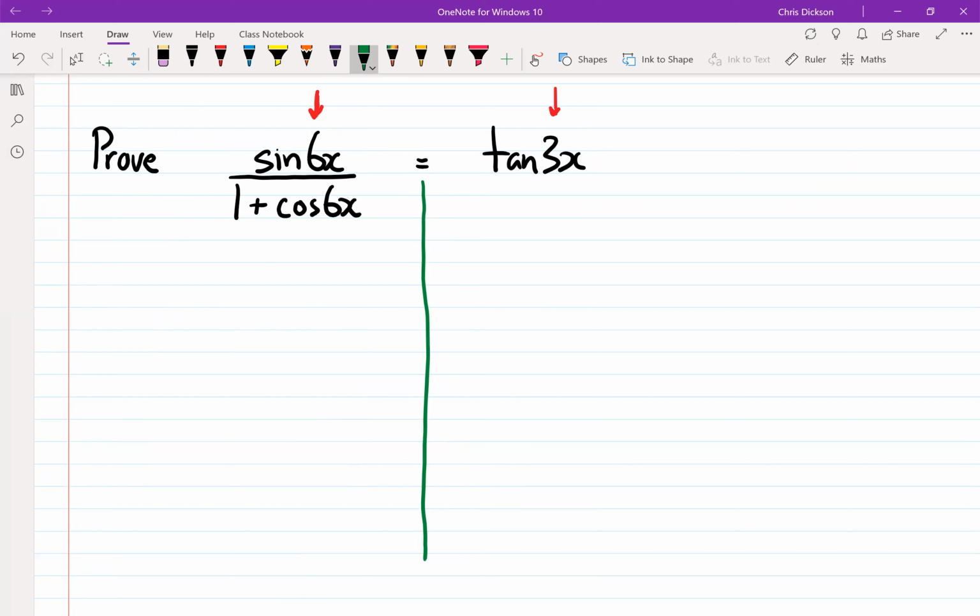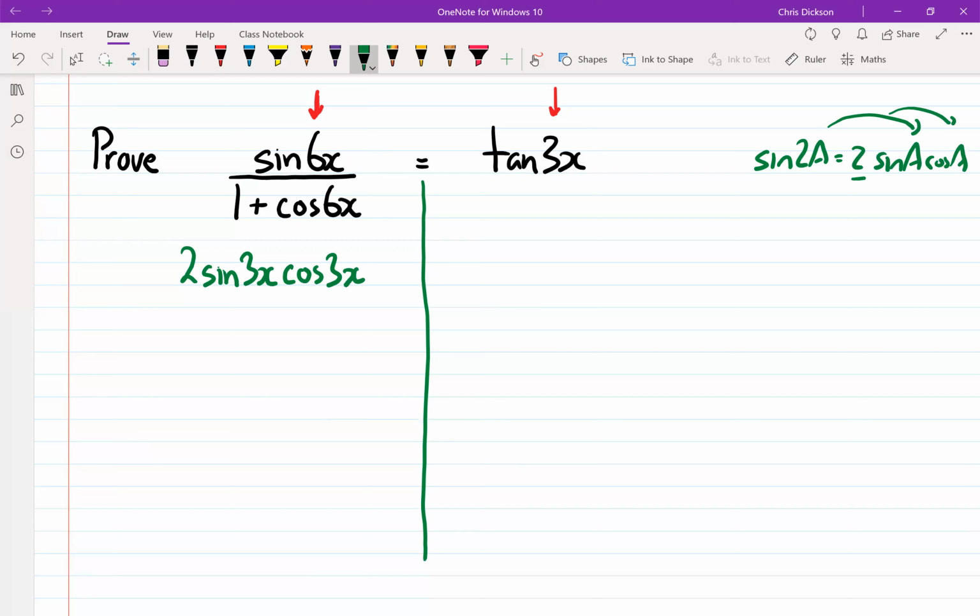So this here would be 2 sine 3x cos 3x. So notice that the identity really is sine 2a is equal to 2 sine a cos a. So we halve the angles when we do that, and then we get a 2 in front of the function itself.